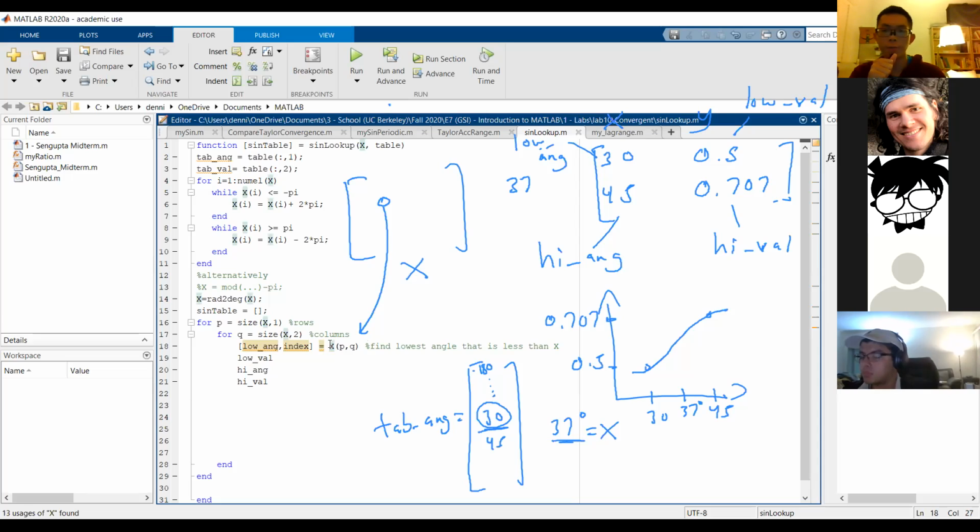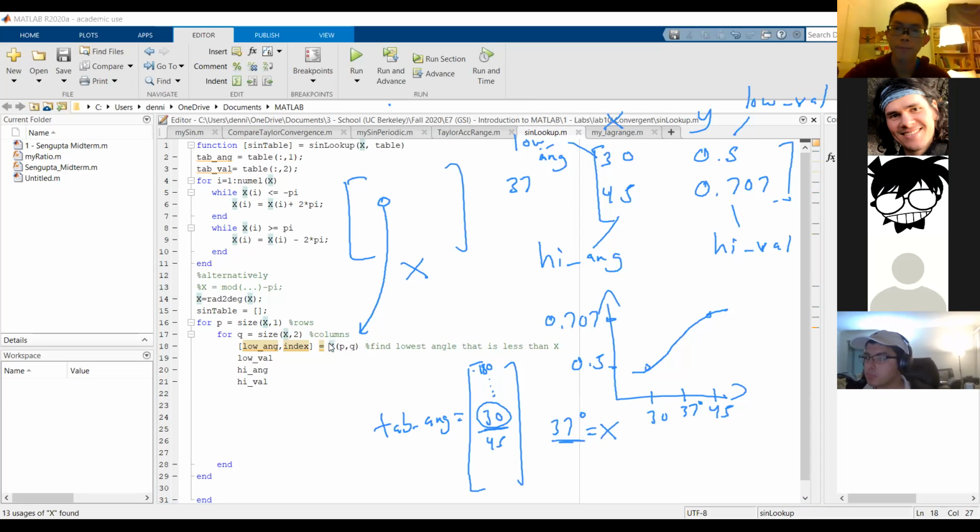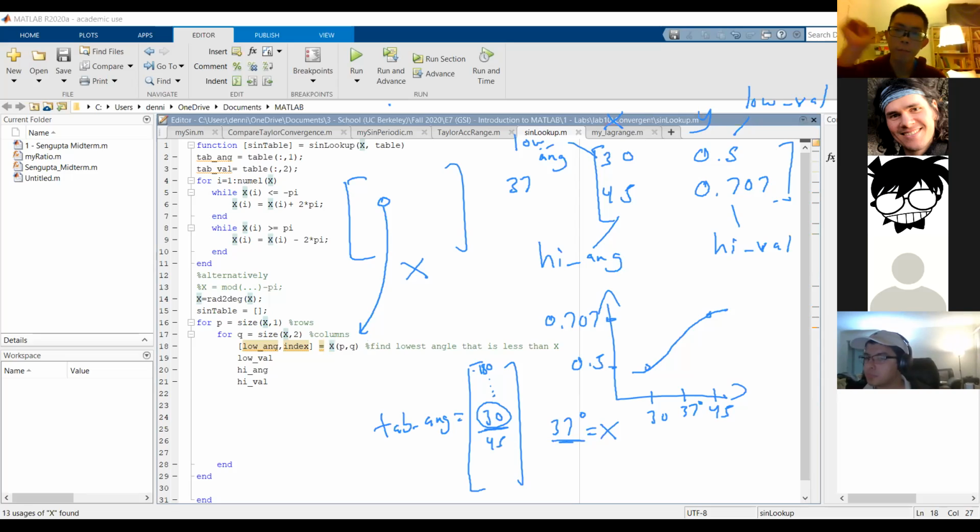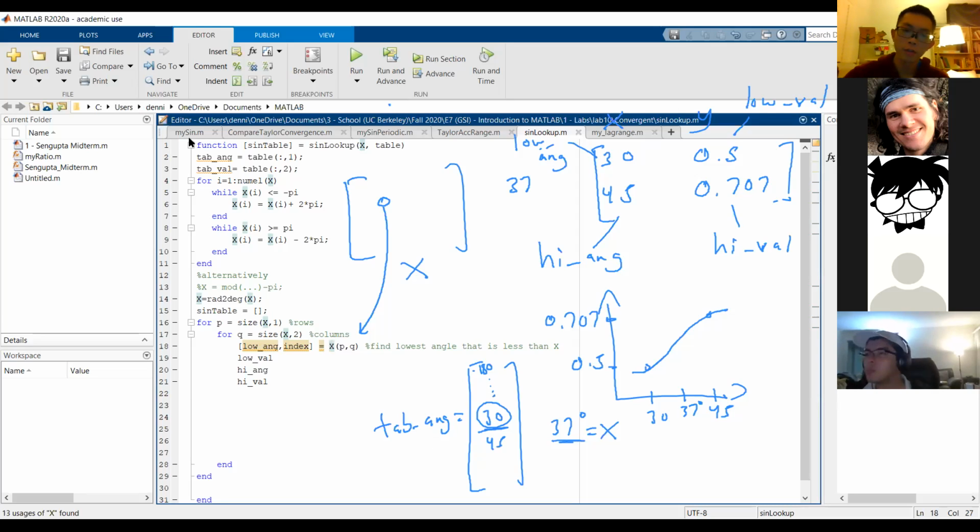What function do I need, first of all? So I'm saying min. You're close. We're trying to look at the minimum value or the maximum value that is less than 37.